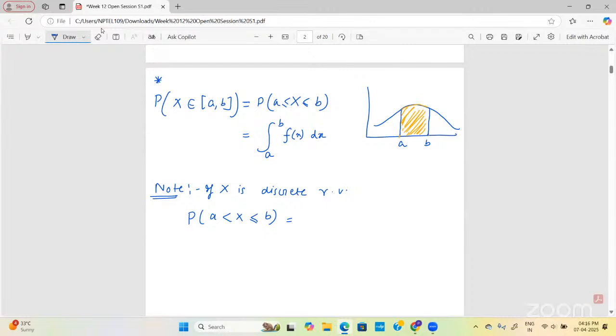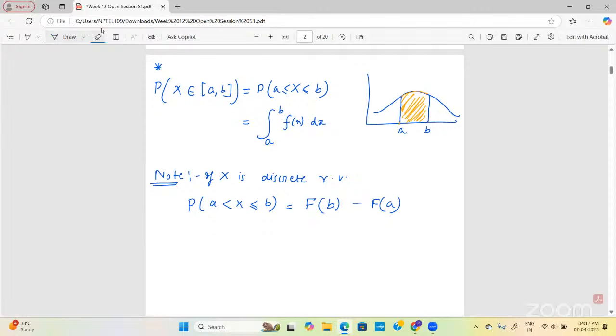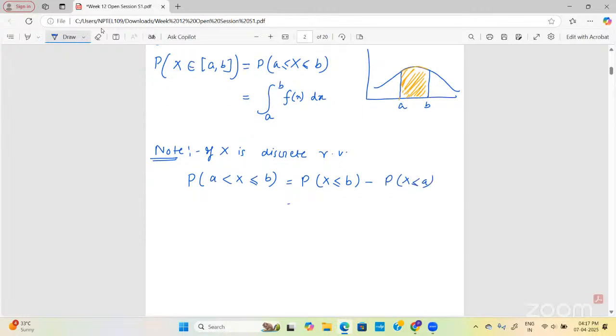If you have studied this formula, this is the CDF at point B minus the CDF at point A. For simplifying, I can write it as F(b) minus F(a).